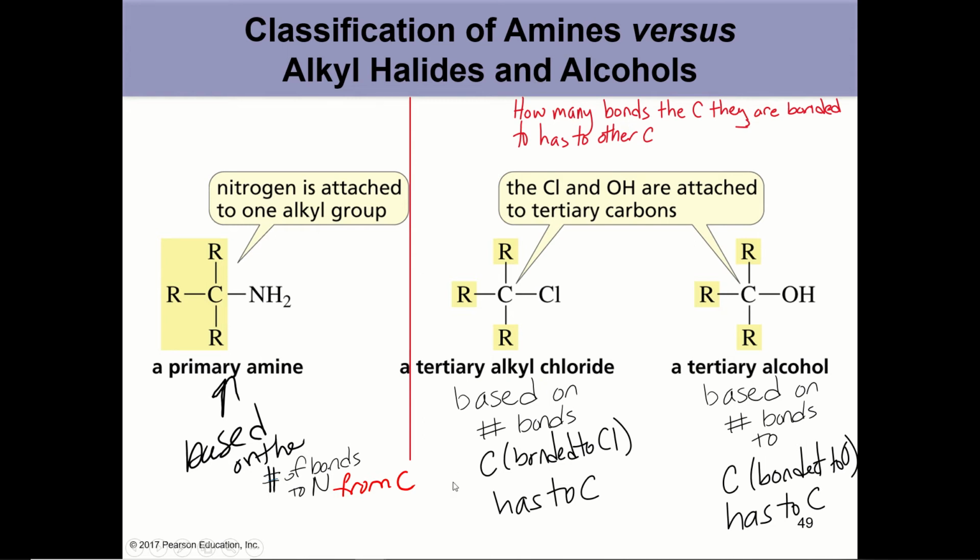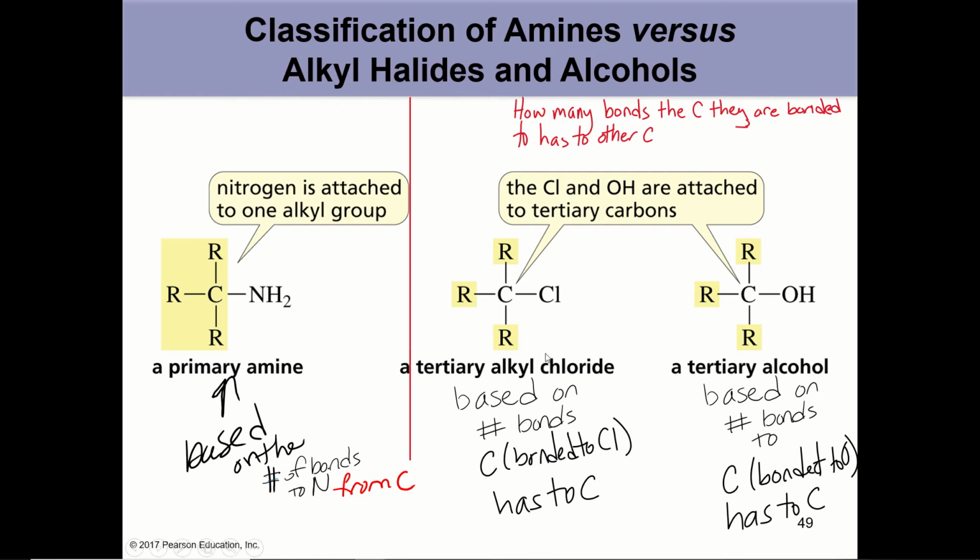And so I've drawn a line between the amine and the chloride and the alcohol. For the chloride and the alcohol, or the halide and the alcohol, the classification as primary, secondary, or tertiary depends on how many bonds the carbon, the atom that oxygen and halide are bonded to, has to other carbons.